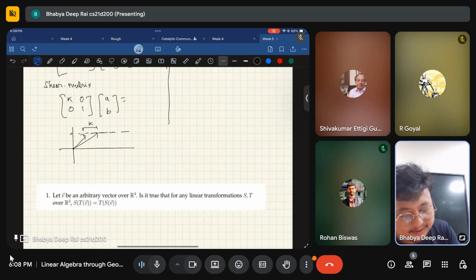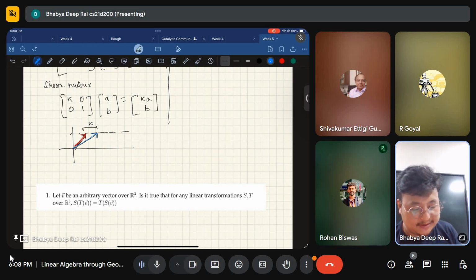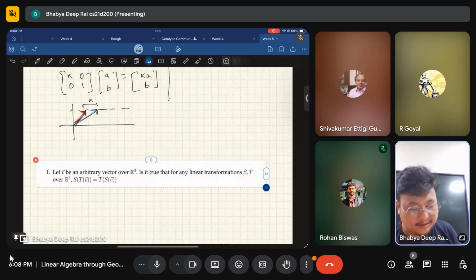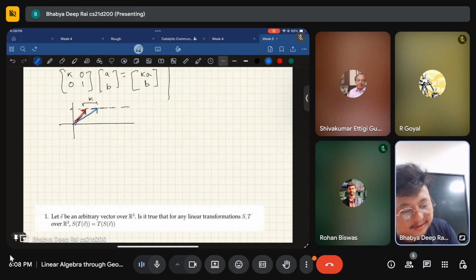What you get here is KA and here you get B. So if you plot it, it will look like this. Originally the vector was pointing in this direction, and after you transformed it, you get it into this direction. So this is an example of a shear operation.